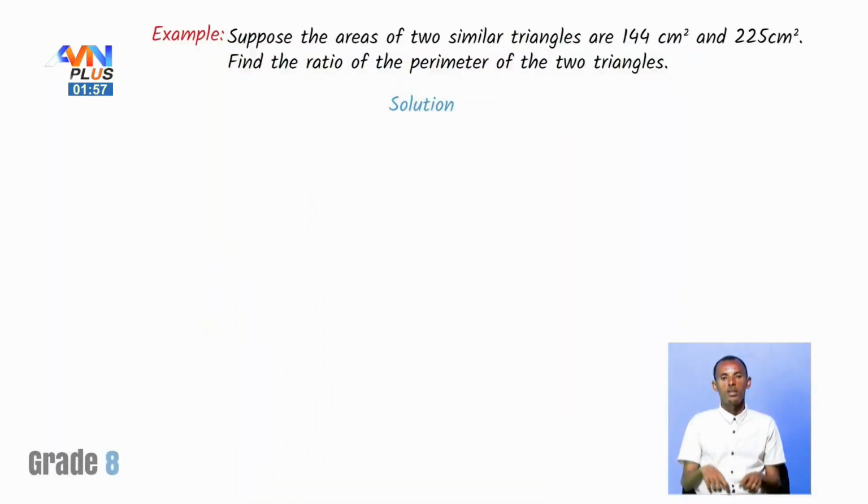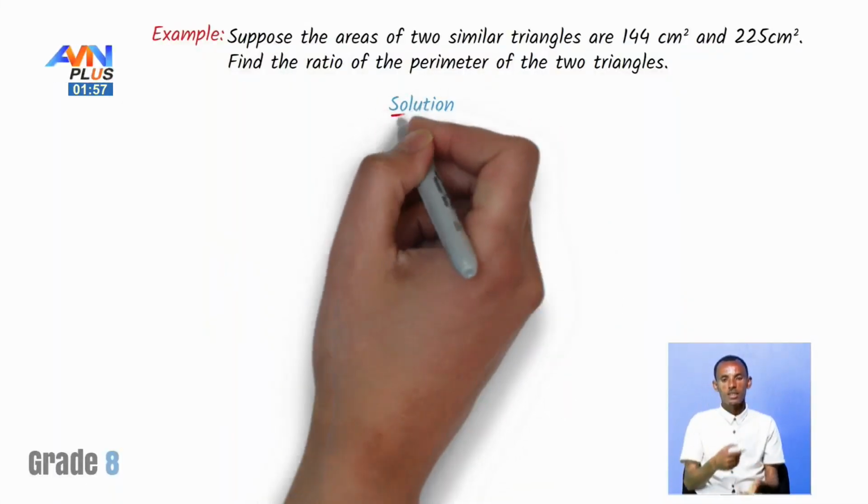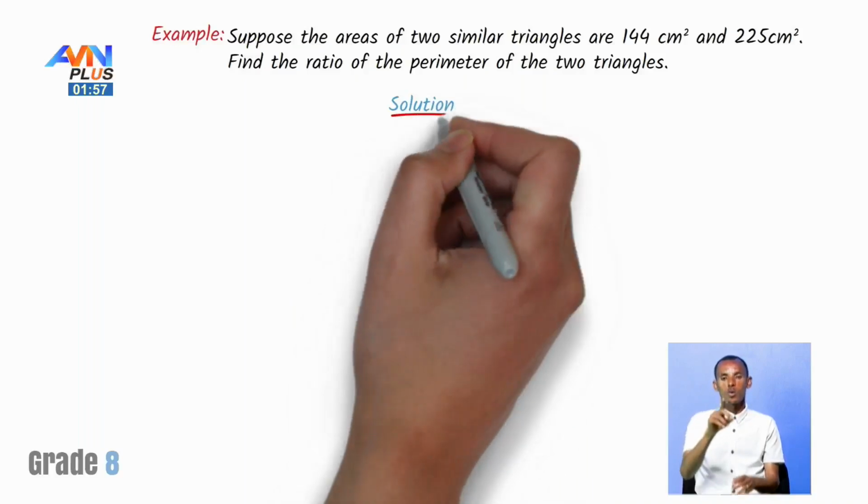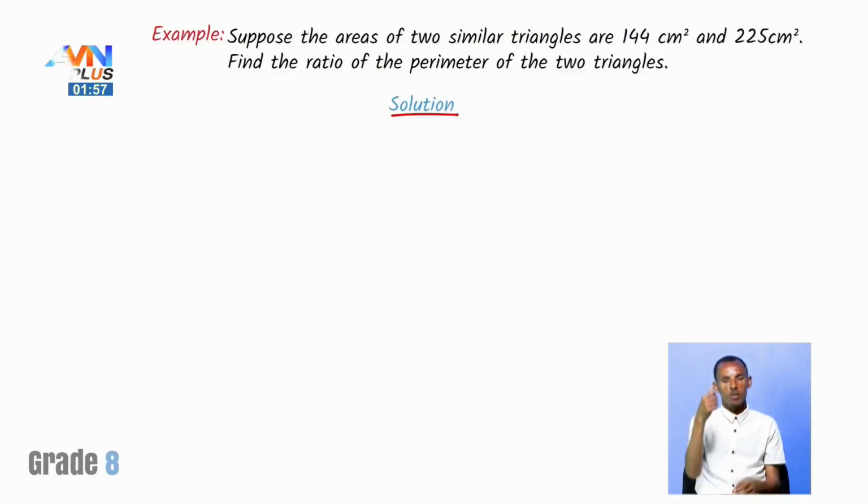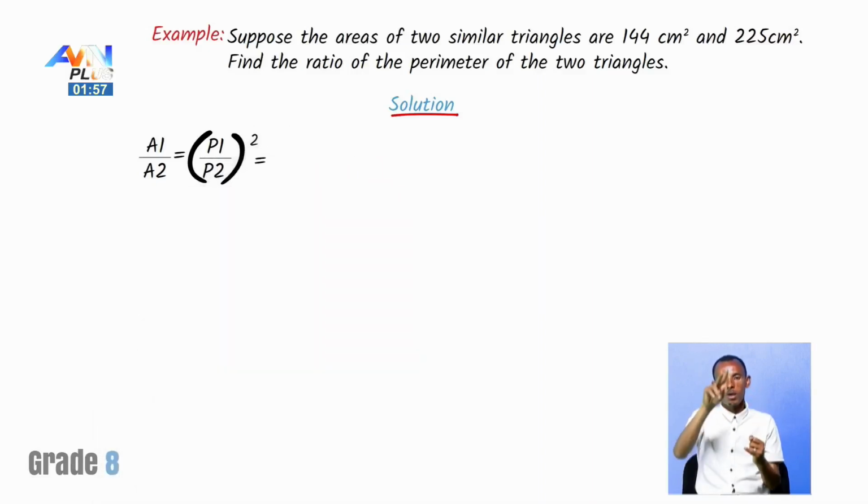To answer this question, you need to remember the relationship that we derived earlier. We have seen that if two triangles are similar, the ratio of the area of one triangle to the other is P1 by P2 the whole square, which is also the same as S1 by S2 the whole square.